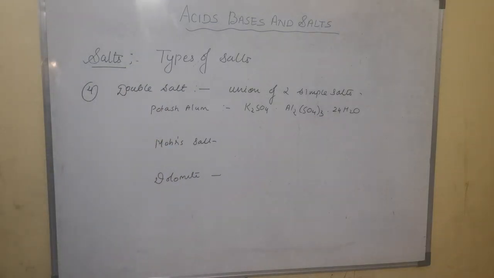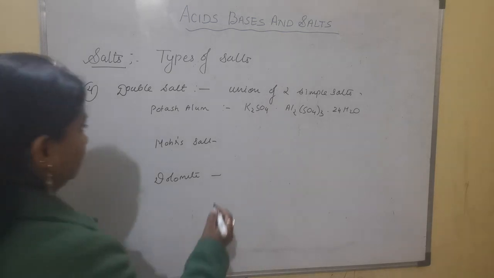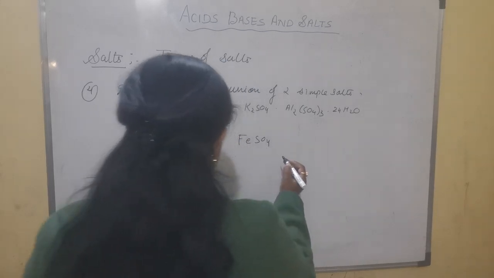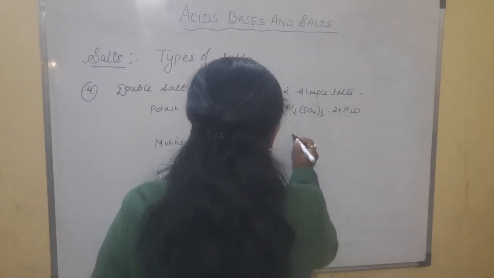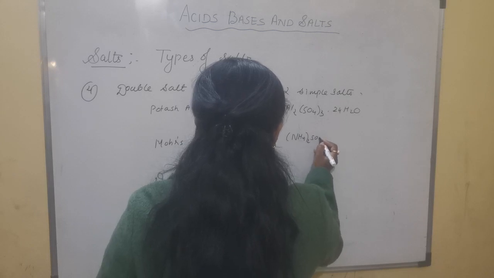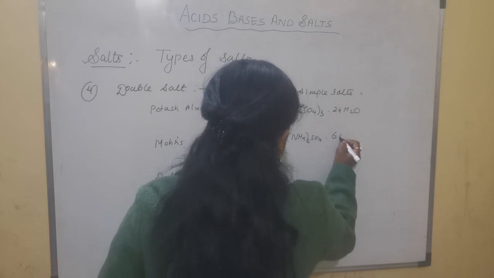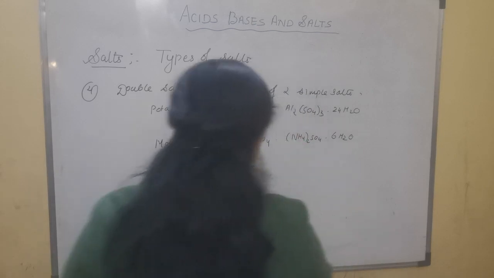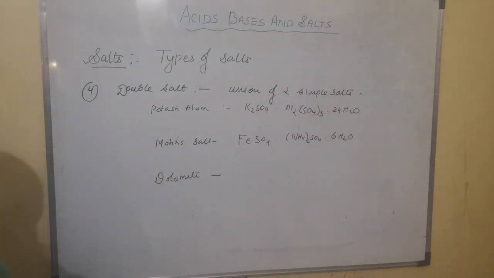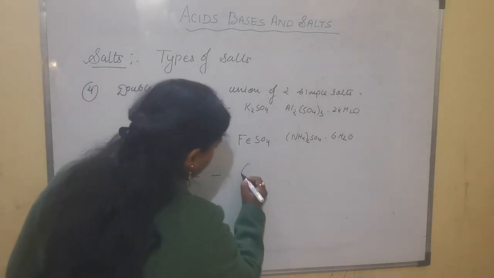Then Mohr salt: FeSO4 is ferrous sulfate, then ammonium sulfate, and 6H2O is the water of crystallization. Then dolomite is calcium carbonate and magnesium carbonate.